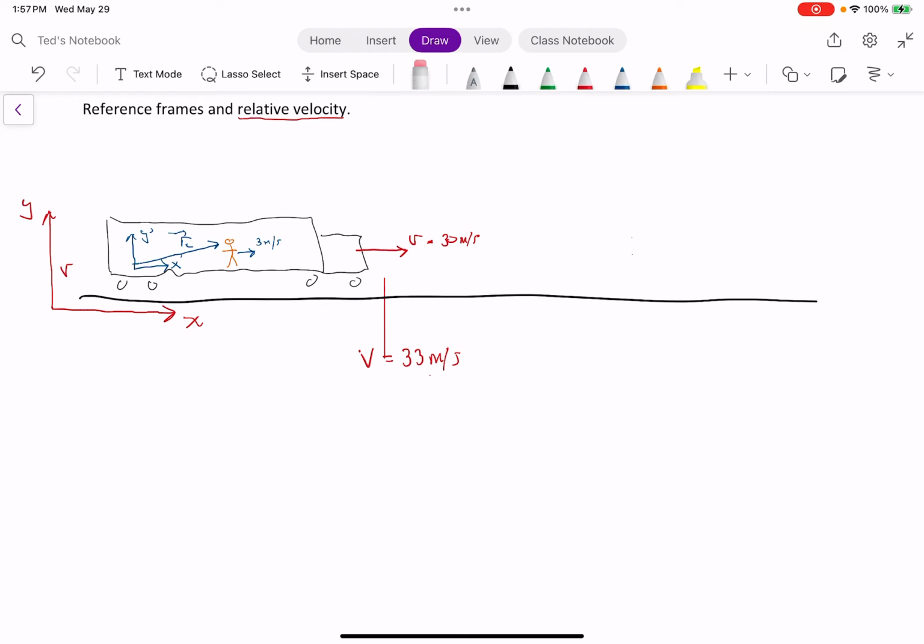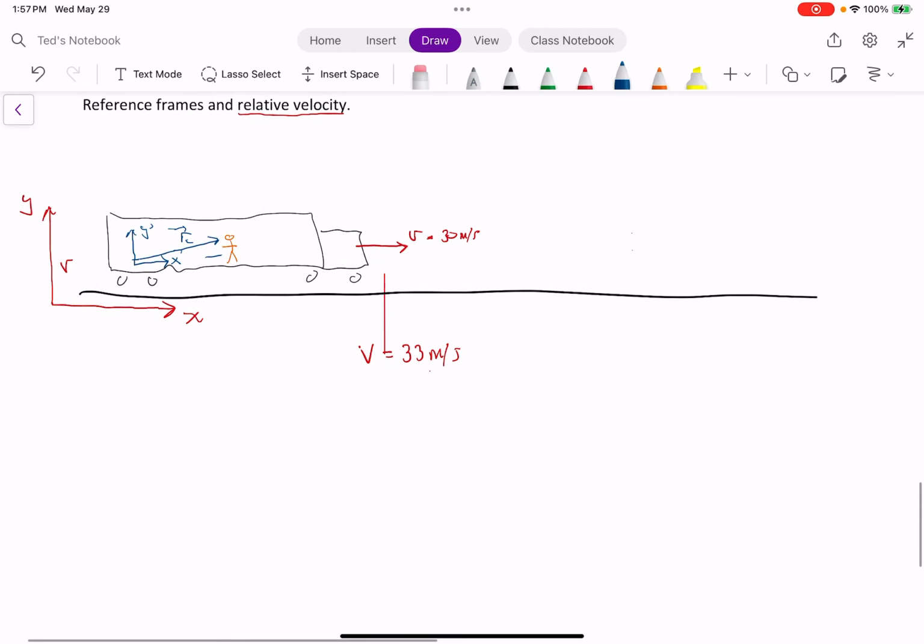If he's walking backwards at 3 meters per second, then his velocity with respect to the Earth would be 27 meters per second. And I hope that seems kind of obvious.